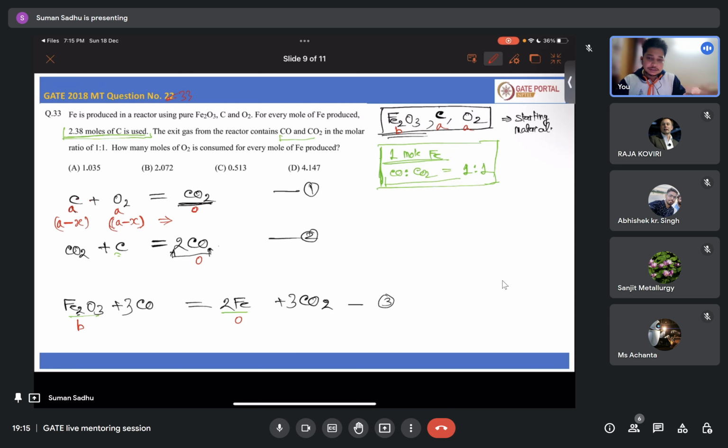It will be related to the molar ratio only, right? So 1 mole of carbon is reacting with 1 mole of oxygen and forming 1 mole of CO2. Then x mole of carbon will react with x mole of oxygen, and how many mole of CO2 will form?